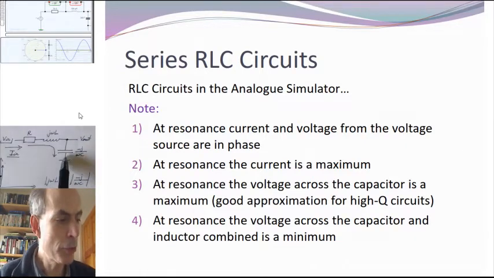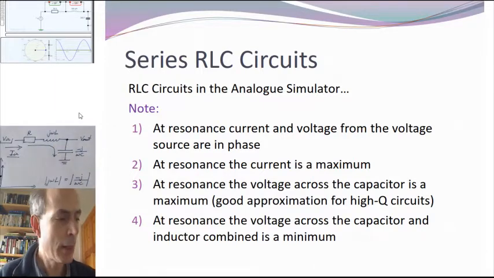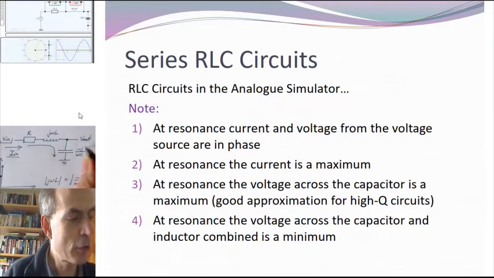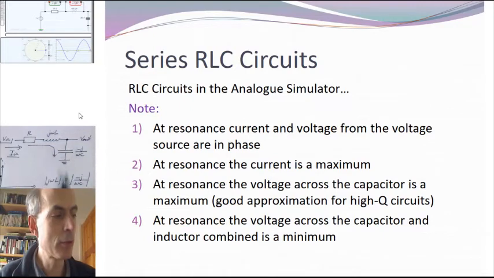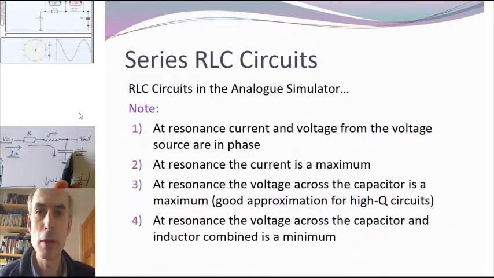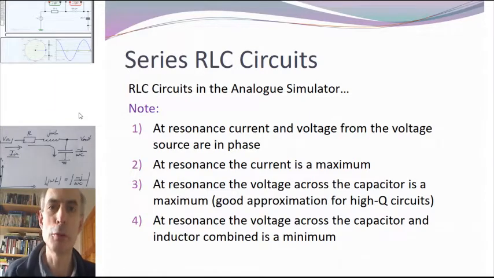And why would that be true? Well, because we have a maximum current flowing through our circuit. And if there's a maximum current flowing through our circuit, then the voltage that's generated across the capacitor will be that maximum current times the impedance of the capacitor, which will be close to the maximum possible voltage that you can get out across your capacitor.